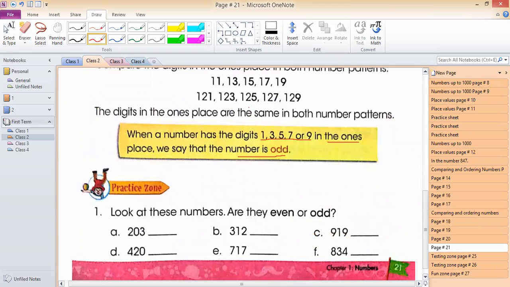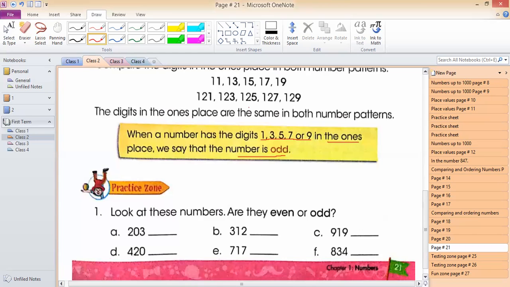And odd numbers are the numbers which are not divisible by 2. You cannot divide an odd number by 2. If you divide an odd number by 2, you will get the answer in fraction.